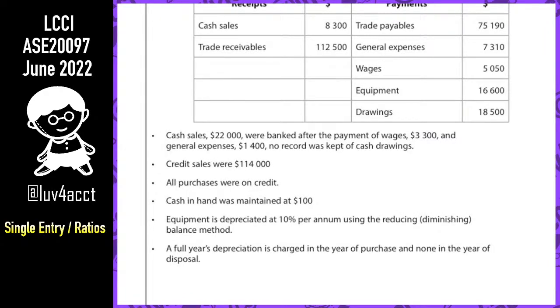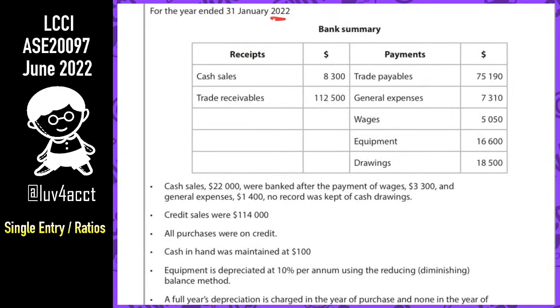Next part: cash sales 22,000 were banked after payment of wages 3,300 and general expenses 1,400. No record was kept for cash drawings. So cash sales, given to you directly, 22,000, is used in 4 things.